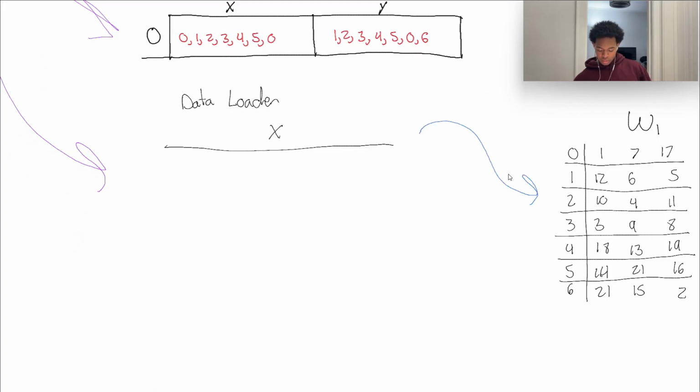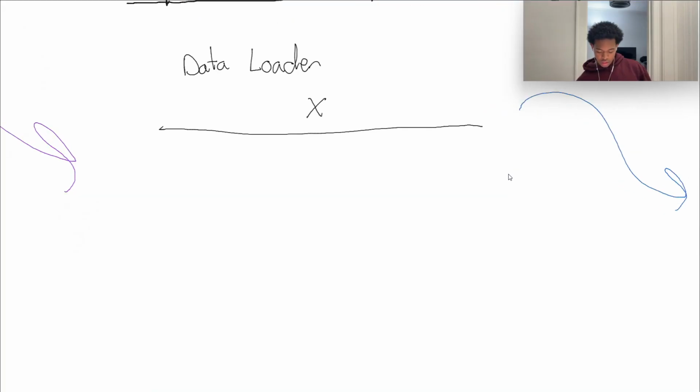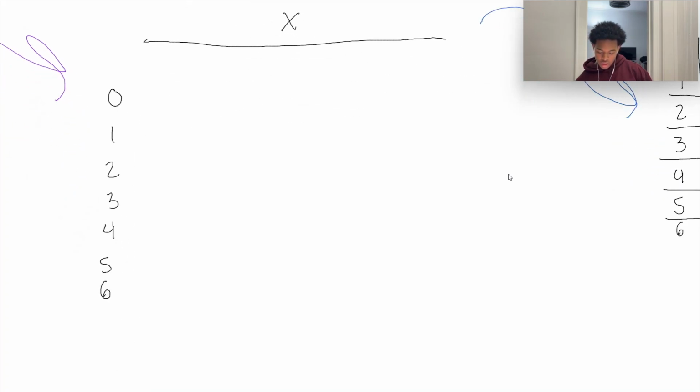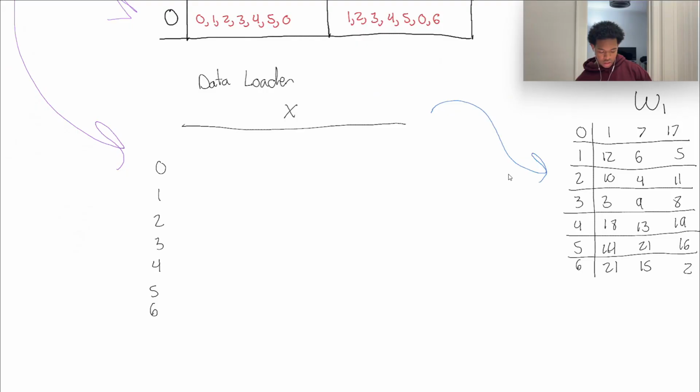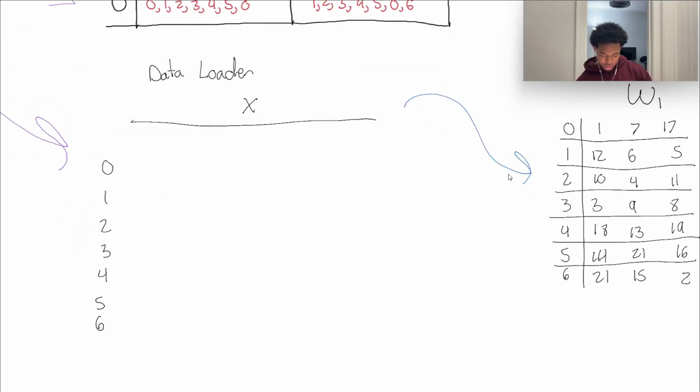It's the same thing. I really wish I could do duplicates. 0, 1, 2, 3, 4, 5, 6. And then 0 at 0 is still 1, 7, 17.